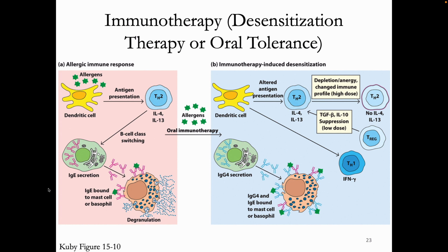A lot of it is dose related, and a lot of it is delivery related. In situations like this, the most promising in terms of some of the desensitizations are actually with peanut allergies, particularly for kids who would go into anaphylactic shock if someone in their classroom opened a bag of peanuts, like that severe kind of thing.